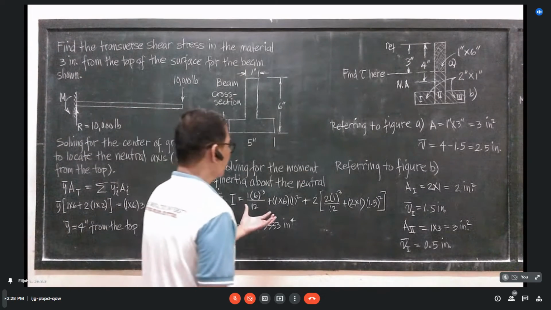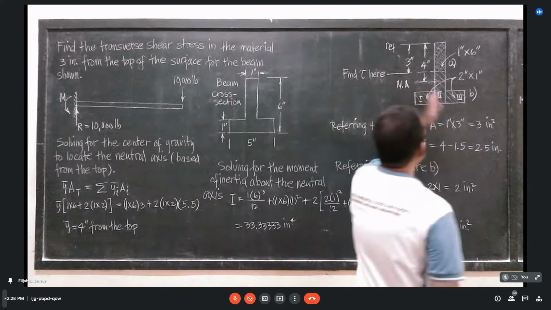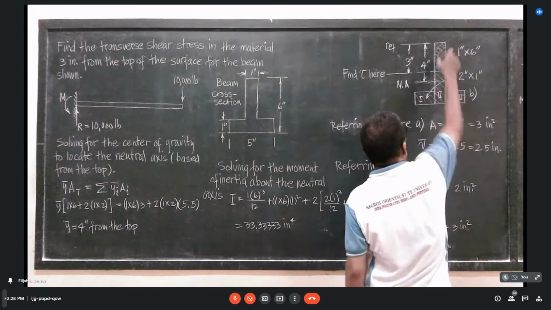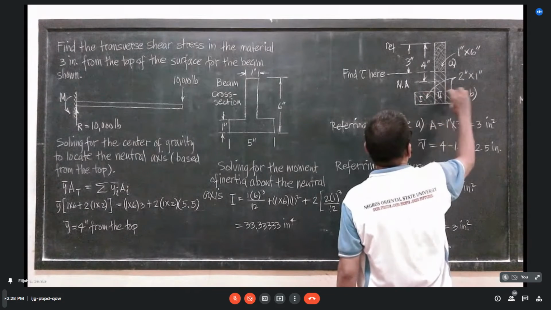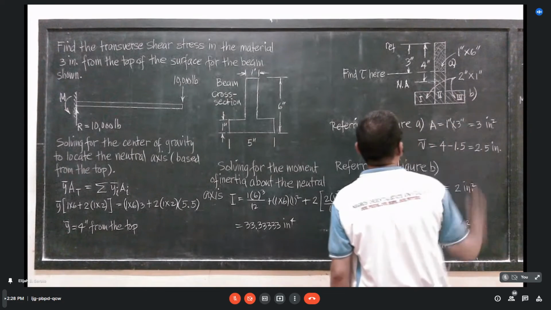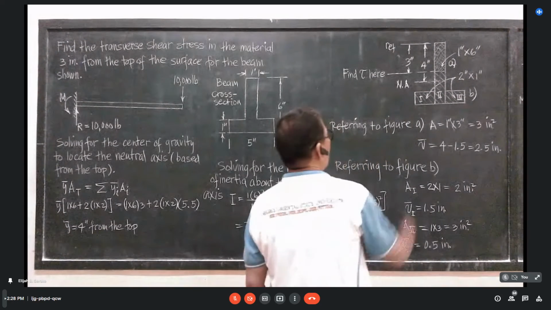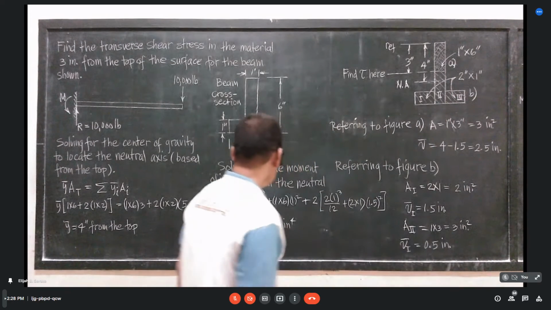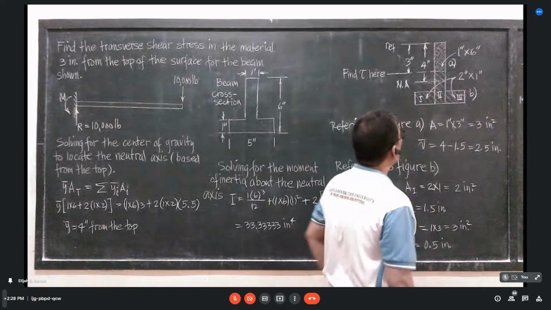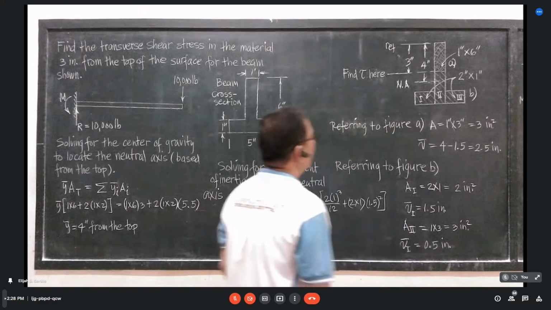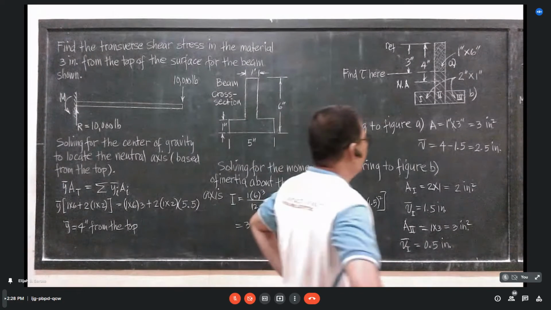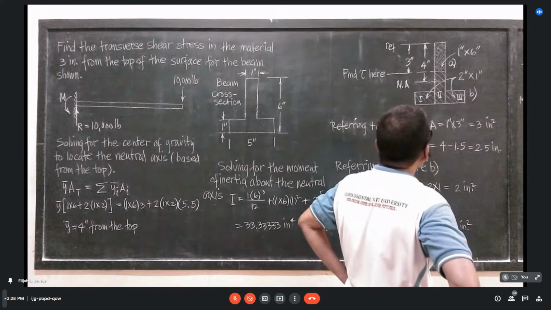for this one, we have a composite figure which is a standing or upright rectangle and two rectangles that are lying down. Let's start with the upright rectangle. What is the moment of inertia of this about its centroid? bh cubed over 12, sir. What is b? 1. h is 6.